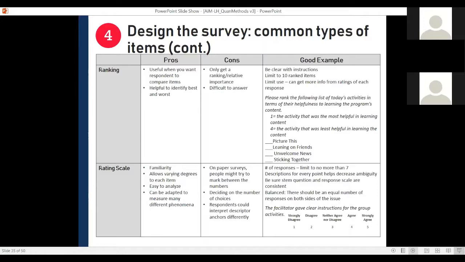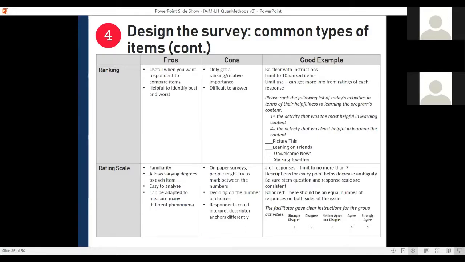So you might say, rank from 1 to 3 the platform that you use the most. And that gives you a little bit more information that you can actually use, gives you more understanding of what people are using more commonly.